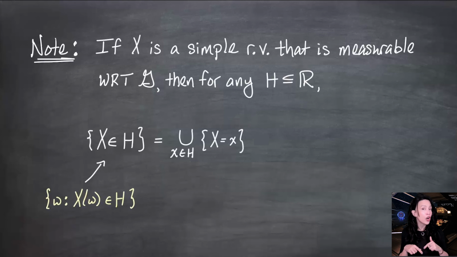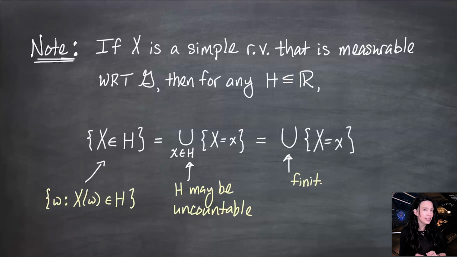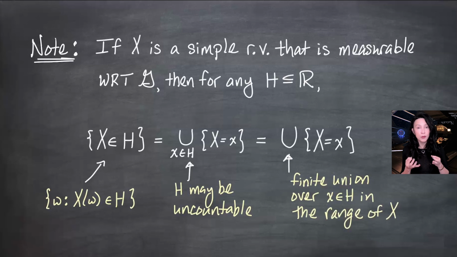Then we're unioning over all little x in H. Is that in the sigma field? It's only closed under countable unions, and H might not be countable, but X is simple. So this union is equivalent to unioning over H and only picking up the finite number of values that X could take on. Right? The omegas for which X equals, well, let's do the actual example.